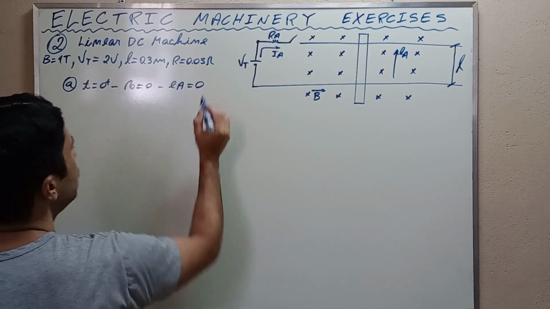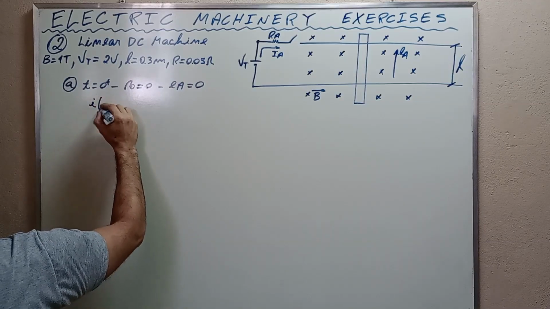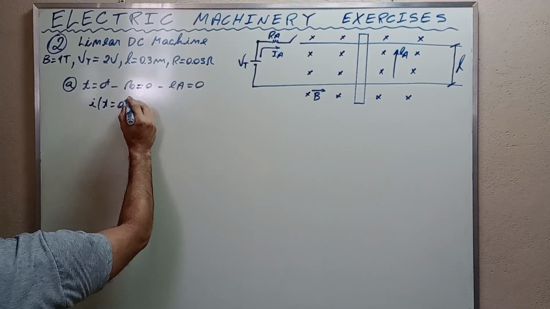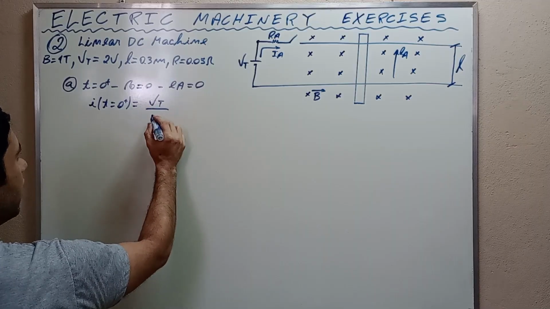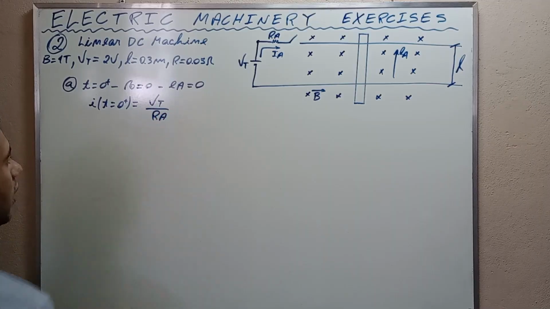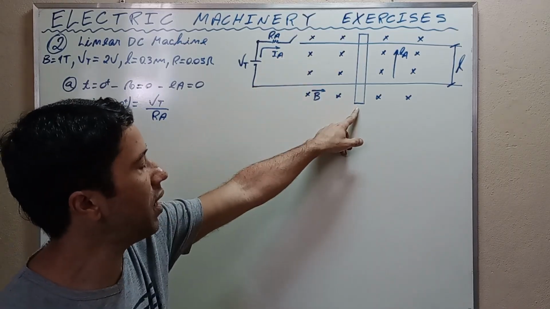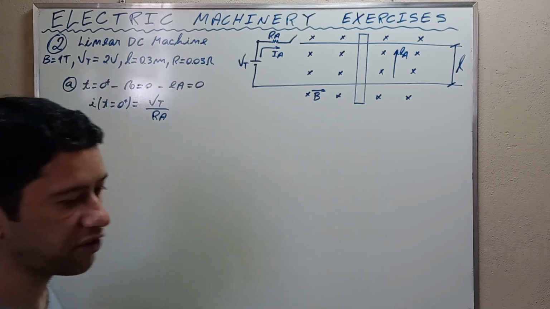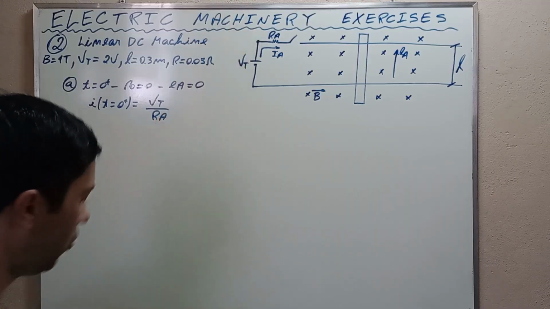EA is equal to 0, alright? The initial current for t equal to 0 plus is going to be equal to Vt divided by Ra, alright? Because immediately after the switch is closed, the bar is working as a short circuit. The only resistance is Ra, okay?